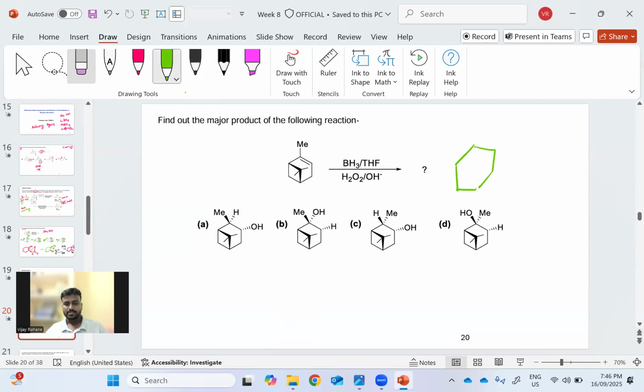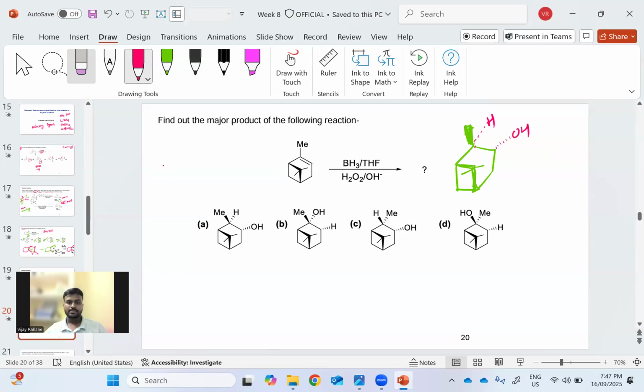So these are the parts from the starting material, and this methyl will be directing upward, and here there was a double bond. So that double bond now gets converted into a single bond, and therefore if you look at this, the hydride will be here, and initially it will form the BH3 and then followed by the hydroxide addition.